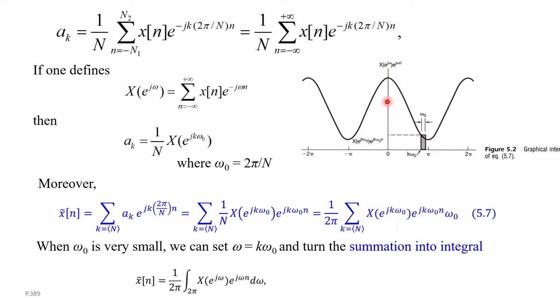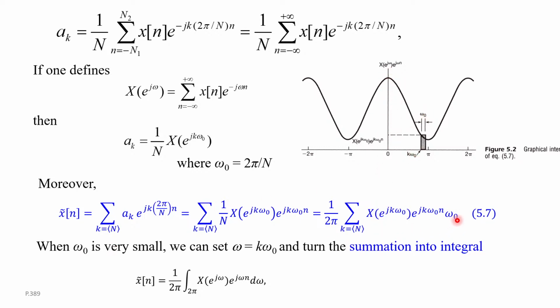Let's go a little slower. This summation is like summing over a whole bunch of rectangles with complex areas. The height is a complex number: big X times e to the j omega n. And the width is omega naught. You're summing over a whole bunch of these rectangles.